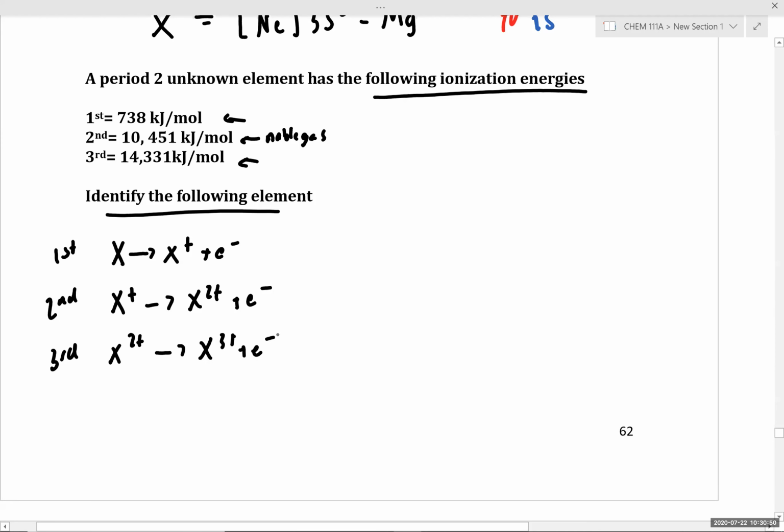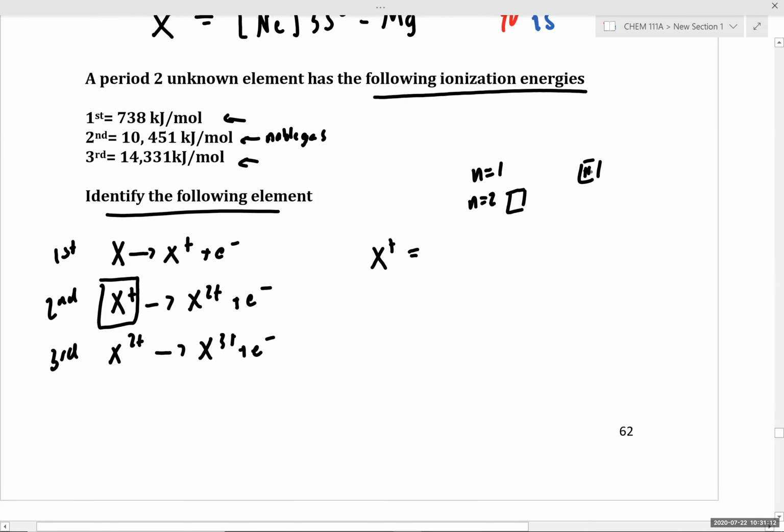Okay, so now that we've identified our second ionization is when we're ionizing our noble gas configuration, we know X+ has a noble gas configuration. Since we're in the second row, our preceding noble gas is helium.